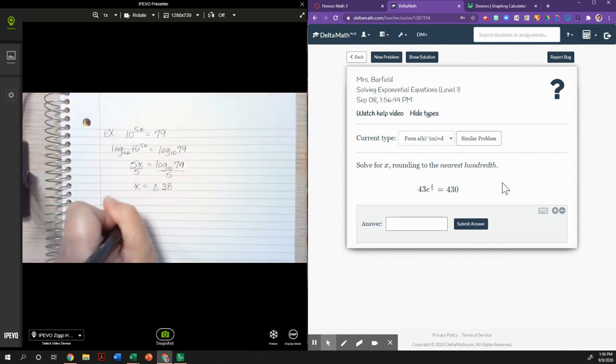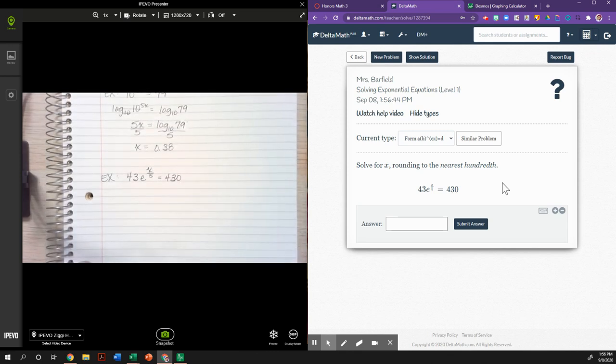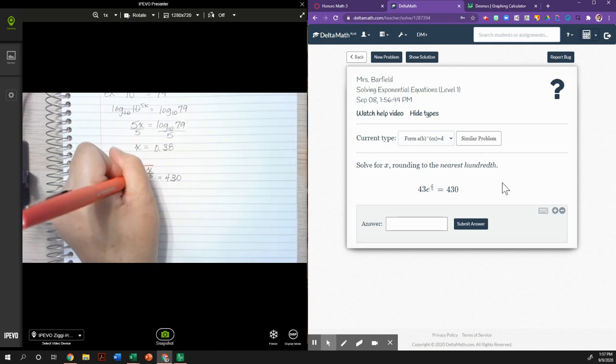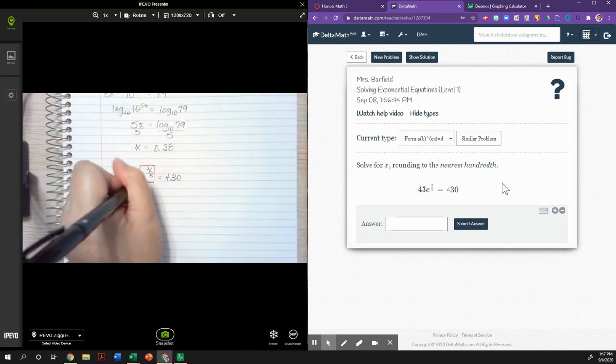So 43e to the x over 5 equals 430. So this is just taking everything we've done, putting it in one problem. So I've got to get e by itself. So I'm going to divide both sides by 43.